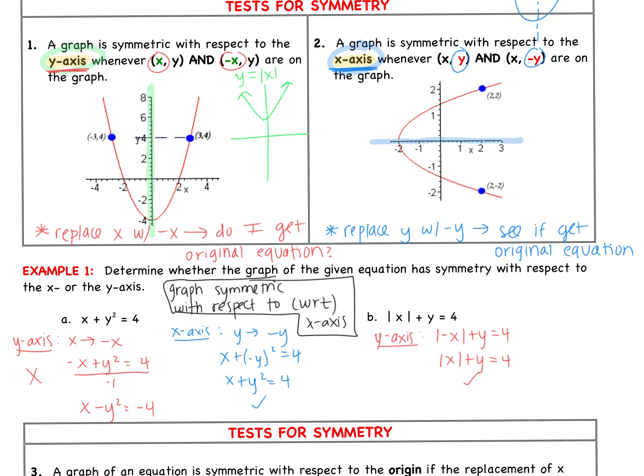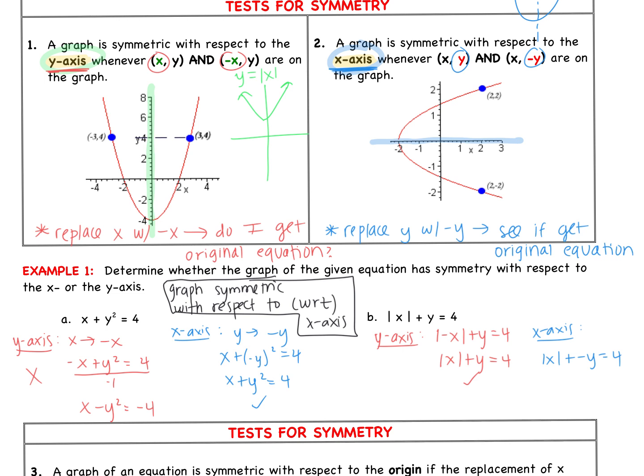Okay. Now, some students will say at this point, I'm done, I don't have to check the x-axis. Unfortunately, you do. It's possible for a graph to be symmetric with respect to both. So if it's symmetric with respect to one, you do have to check the other as well. So we get the absolute value of x plus negative y is equal to 4.